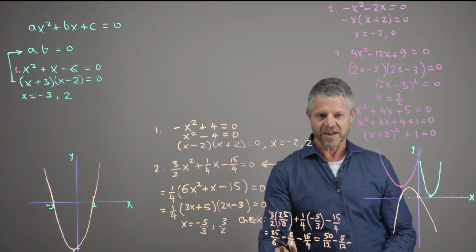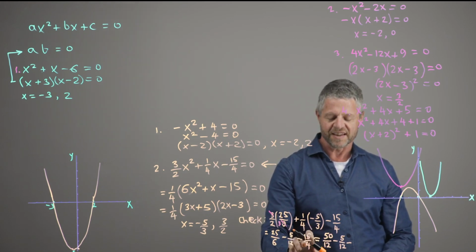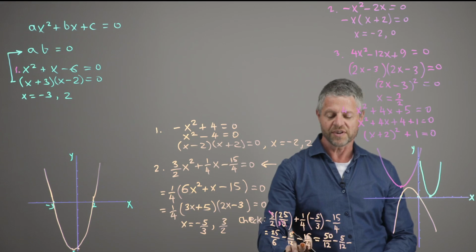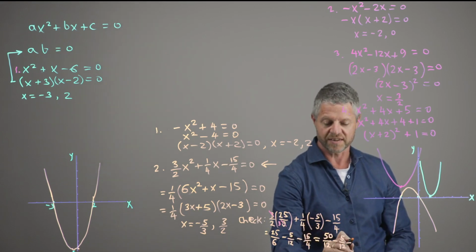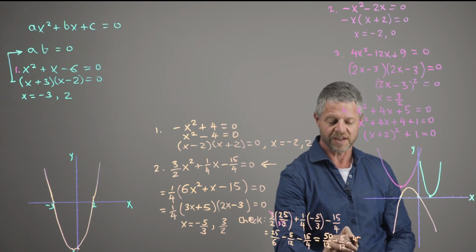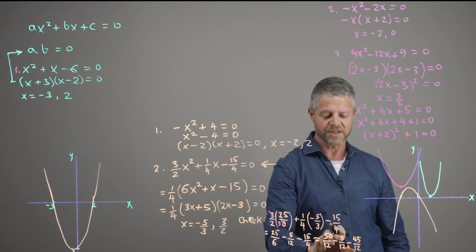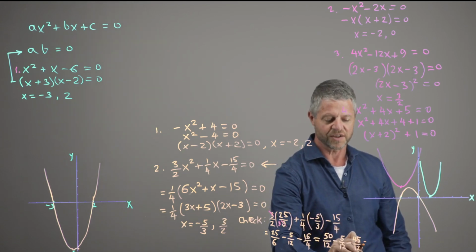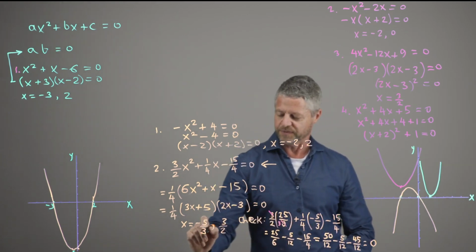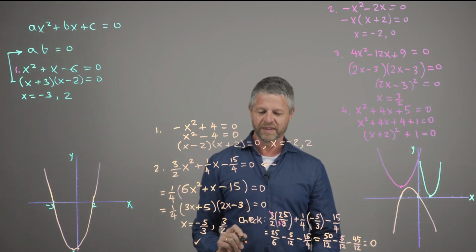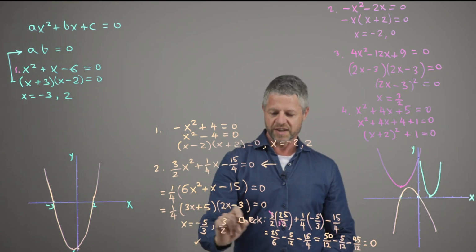So I've got minus 5 over 12, and then to get 15 over 4 as a fraction over 12, I have to multiply it by 3, so it'll be minus 45. So now I've got 50 minus 5 minus 45, so I've got 0. So that one checks out. And then let's check the 3 over 2.